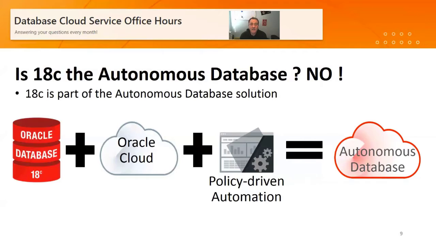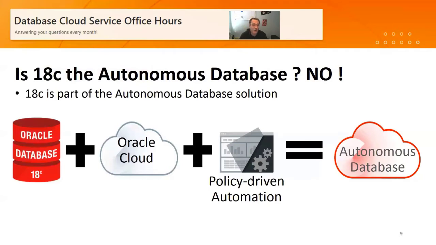And 18c will be used to create the autonomous database features, the autonomous database offering that we're going to deliver. First, autonomous data warehouse, and then autonomous OLTP database will be in the future.